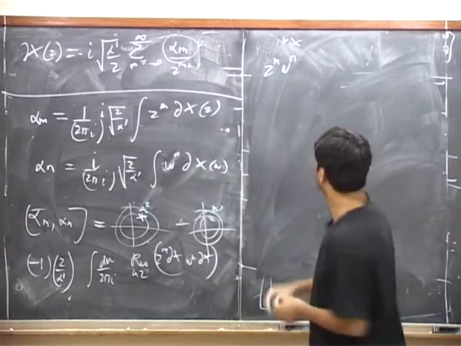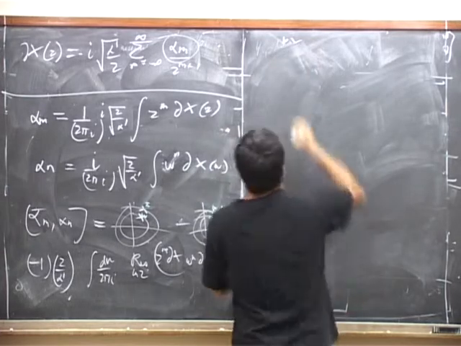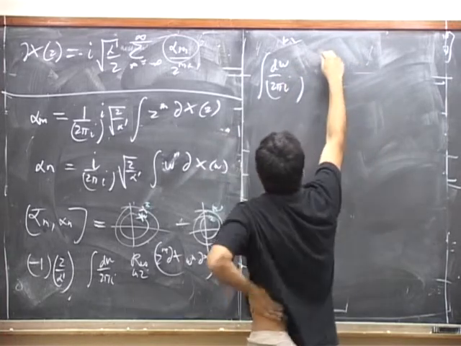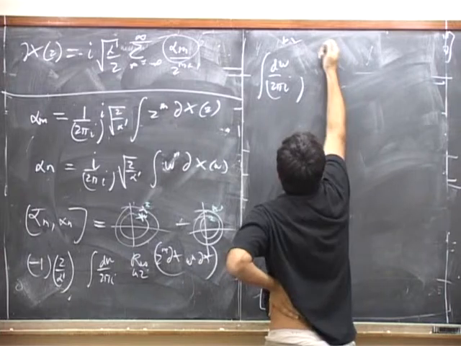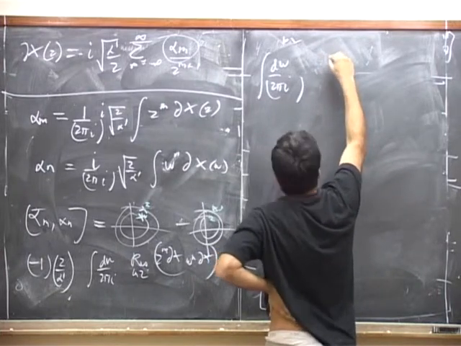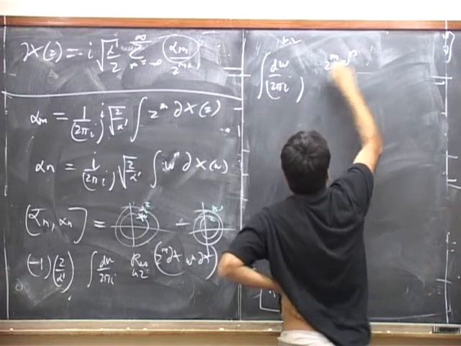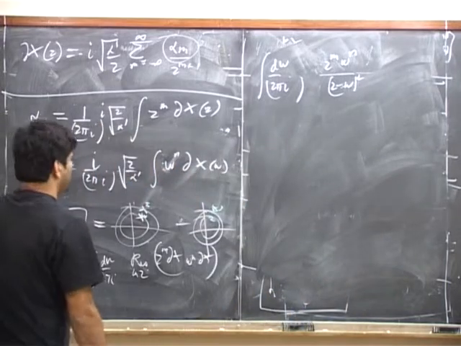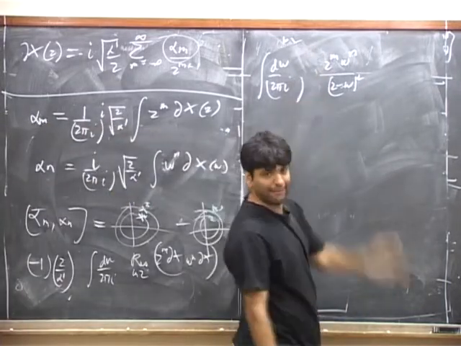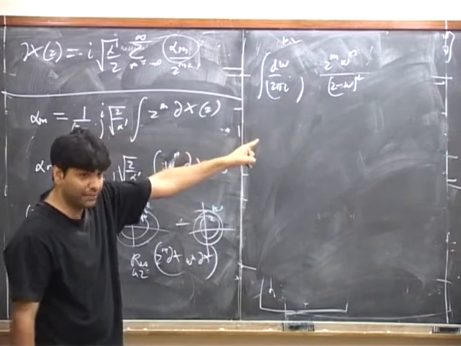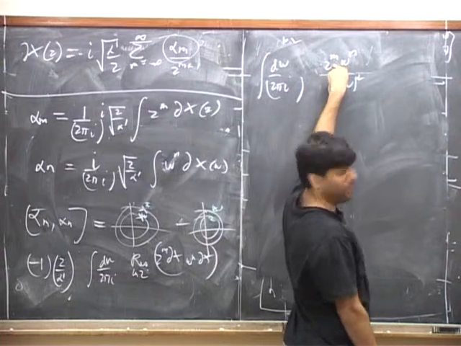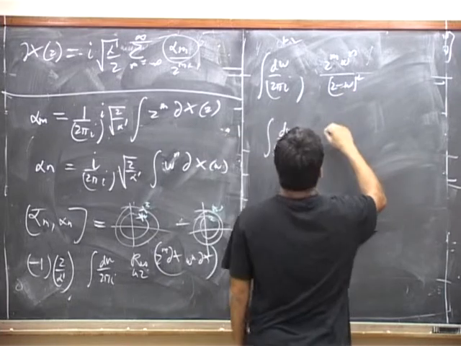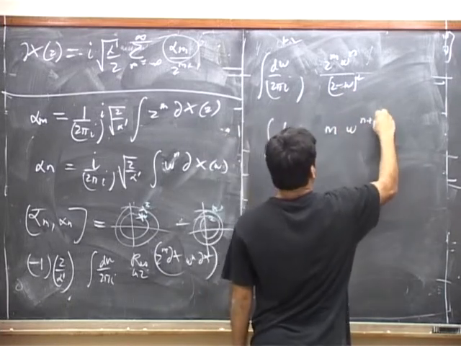So we have dw by 2 pi I, and then z to the m, w to the n over z minus w the whole thing squared. That's what we had, but we want the residue of the pole in it. Since we have the square down here, we want to expand this once. So really what we have is dw by 2 pi I, and then m times w to the power n plus m minus 1.